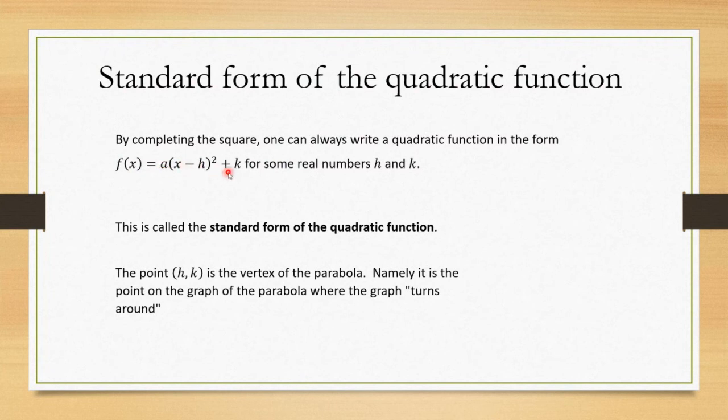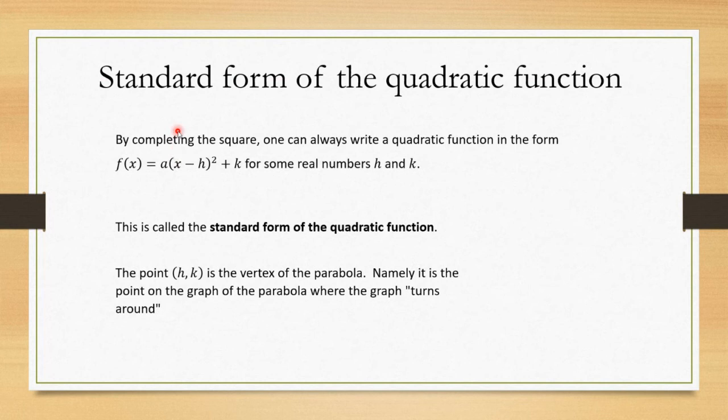We also have this H and K. And what are H and K? Well, it turns out the point (h, k) is the vertex of the parabola. So right away, if you happen to have this form, you can get the vertex of the parabola very easily. If you had the other form, the vertex is not as obvious, but it can be calculated. And you can actually go from one form to the other.